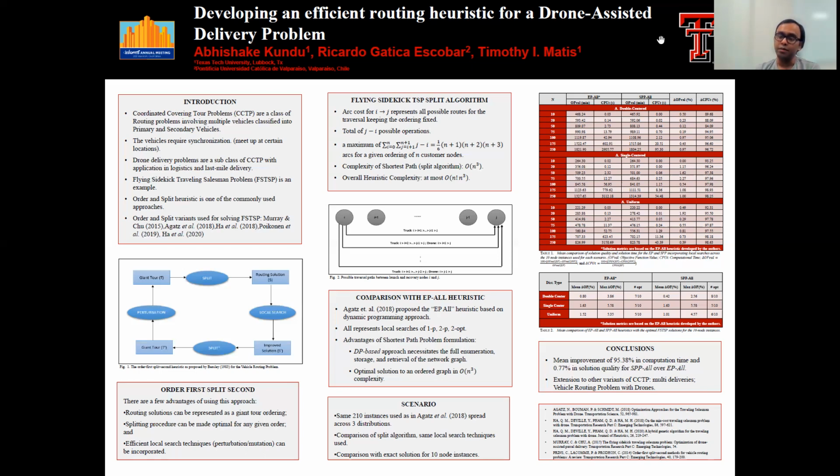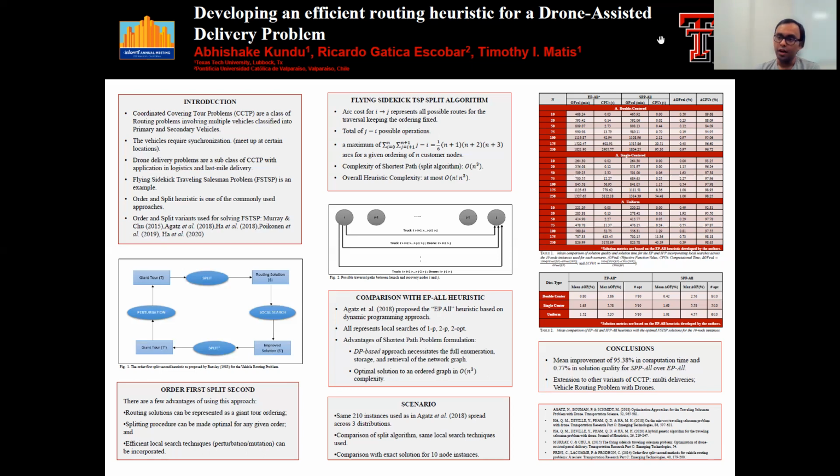Our split algorithm, which we call the SPP or shortest path planning algorithm, is to cater to finding the optimal solution to a given ordering of the giant tour, and it achieves that with a complexity of O(n) cubed. Although conceptually similar to the EP algorithm, the SPP algorithm has some notable advantages.